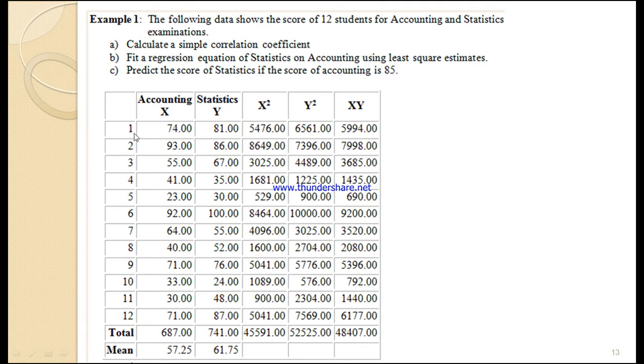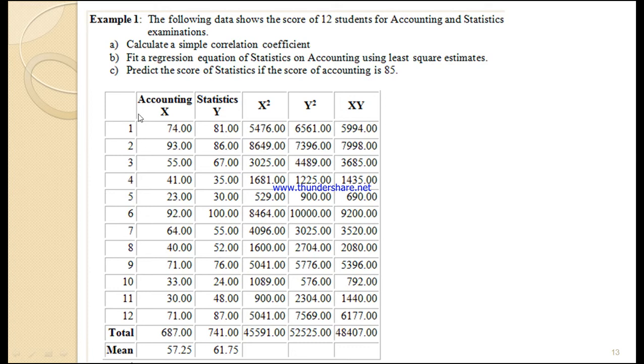In this table we are given the scores of 12 students, in this column on the accounting examination, and in this column on the statistics examination.